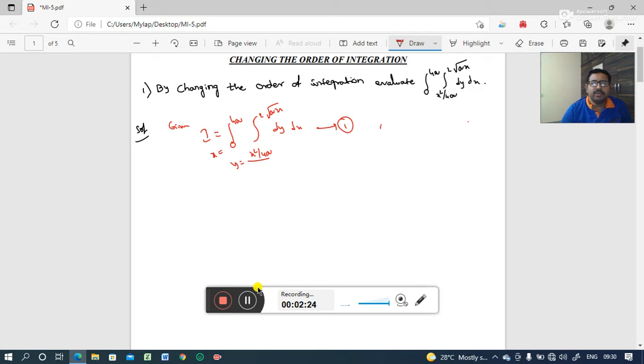Then as per the given order of integration, what is the given order? First you are integrating with respect to y, then with respect to x. This is the given order, so we need to interchange this. If you interchange the order, first we need to integrate with respect to x, then with respect to y. But it is not as simple as changing the order of dx and dy.